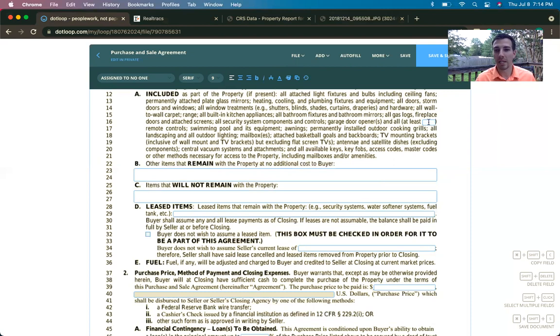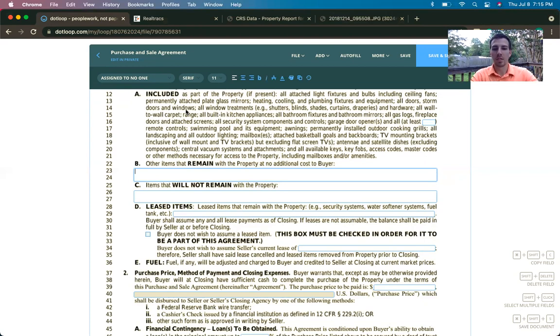Let's see, there is a blank here. A lot of people forget this. This is for garage door remotes. So put something here. As you'll see in here, it does say all built-in kitchen appliances. One appliance you will not see in here is a fridge. It's kind of 50-50 whether people take their fridge or leave it.